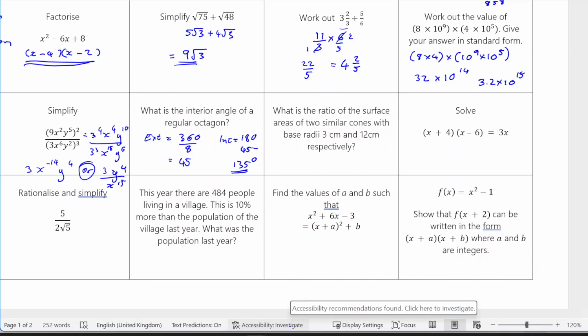If I call them A and B, we've got a scale factor of 3 to 12, which is going to be 1 to 4. So the surface area scale factor, squared, would be 1 to 16.